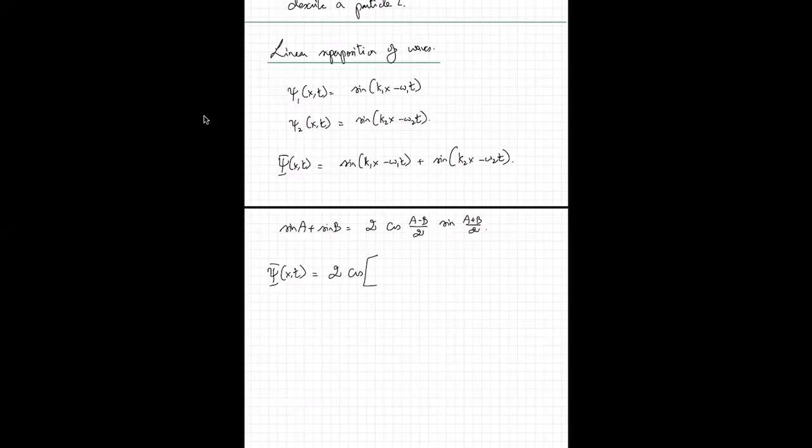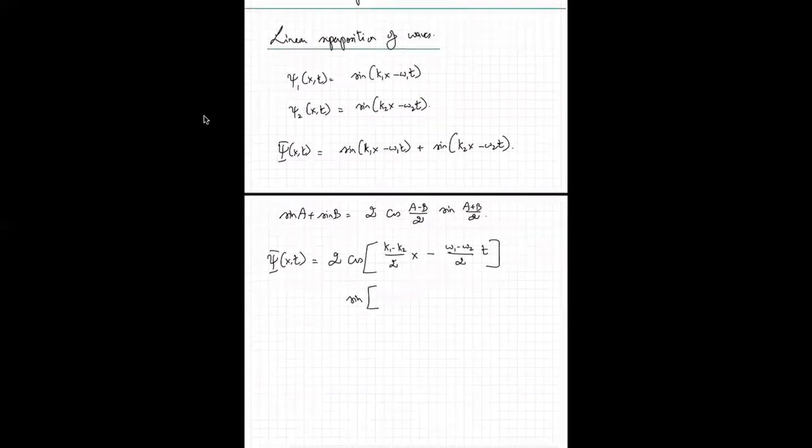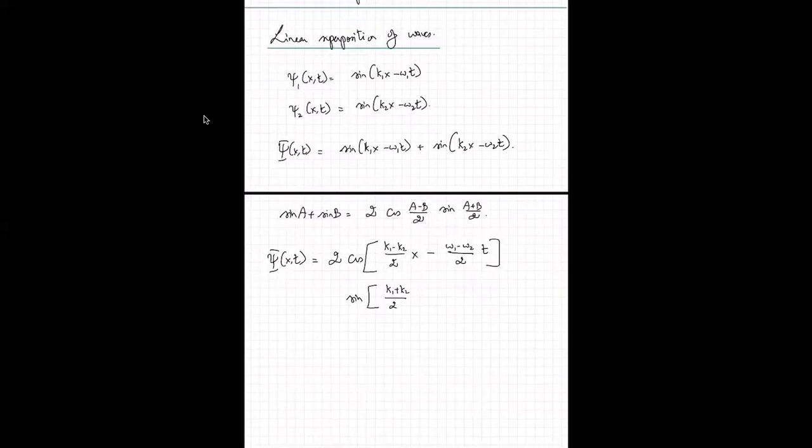So if I subtract them, I get (k1 minus k2) over 2 times x minus (omega 1 minus omega 2) over 2 times t, times sine. If I add them, I get (k1 plus k2) over 2 times x minus (omega 1 plus omega 2) over 2 times t.